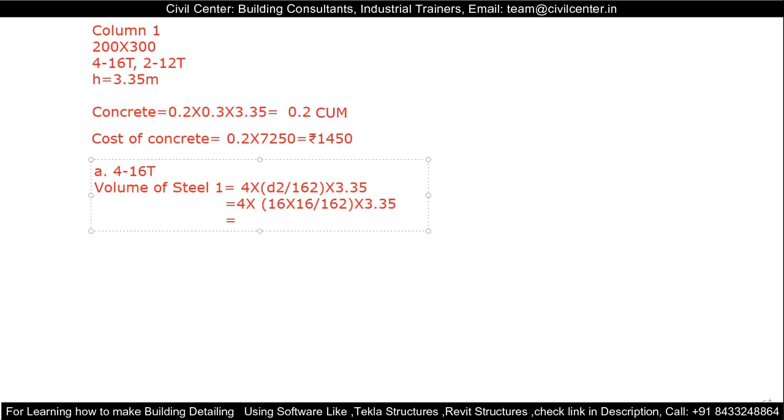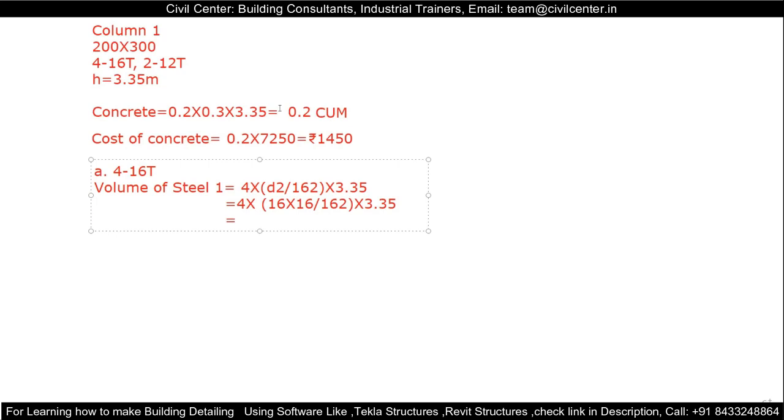So let's calculate it. So it's coming 4 into 16 into 16 into 3.35 and whole divided by 162. So it's coming 21.17.